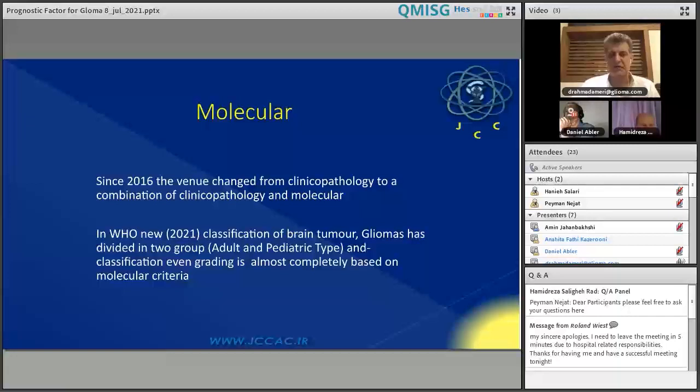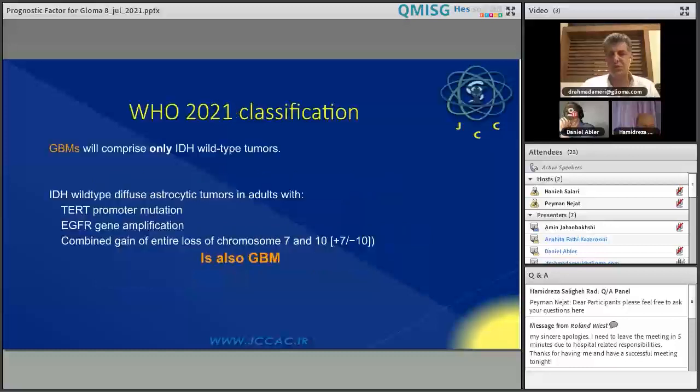As I've told before, age is an important thing from the start of knowing glioma until now, and the classification is almost completely based on molecular criteria. Even grading is based on molecular analysis.